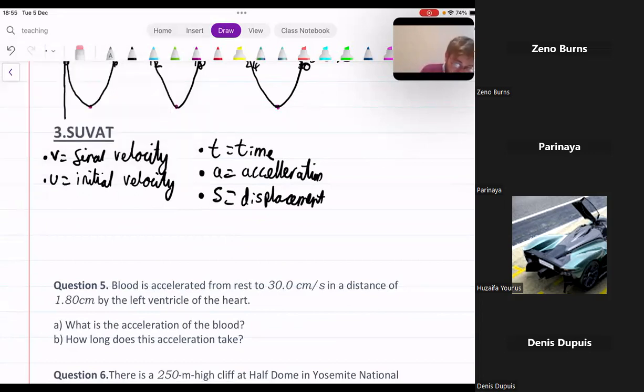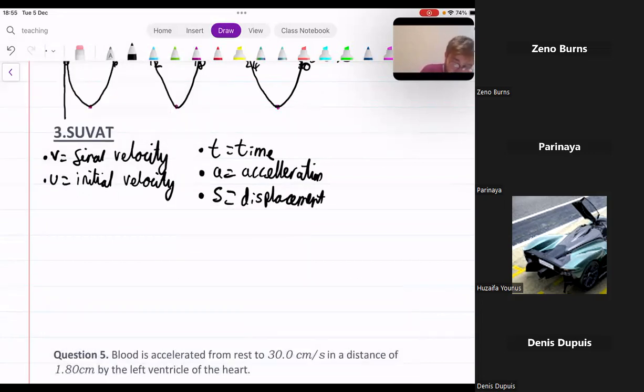So the extra equations we have is V squared equals U squared plus 2AS. So this is useful if you want to know what the final speed is. If something's been accelerated over a distance, you don't necessarily know for how long, but you know the distance over which it gets accelerated.